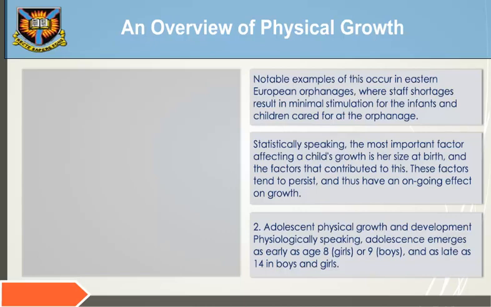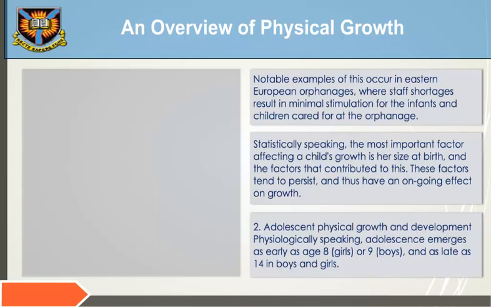Statistically speaking, the most important factor affecting a child's growth is their size at birth and the factors that contributed to this. These factors tend to persist and thus have an ongoing effect on growth.